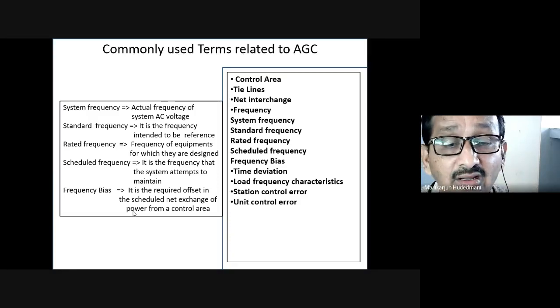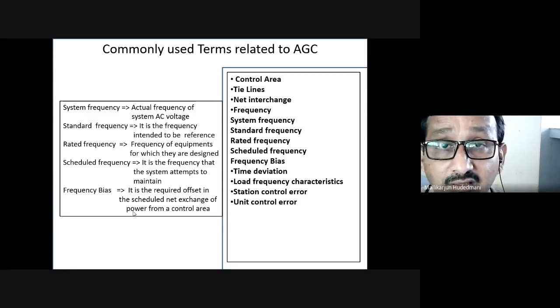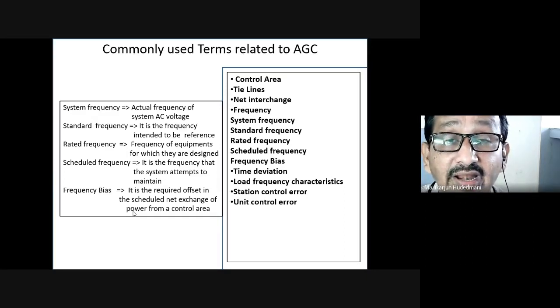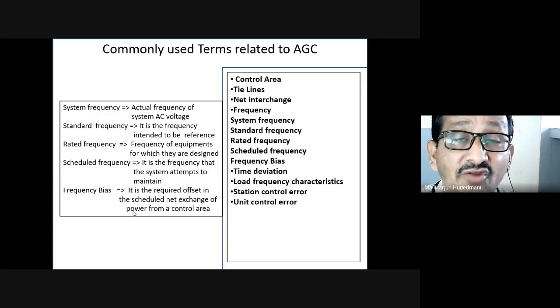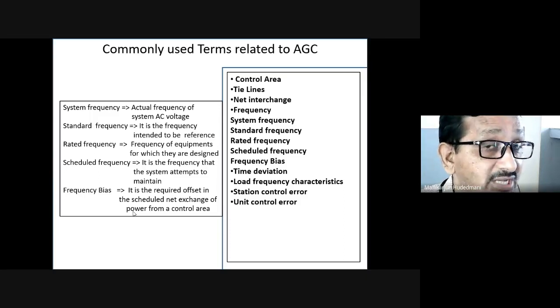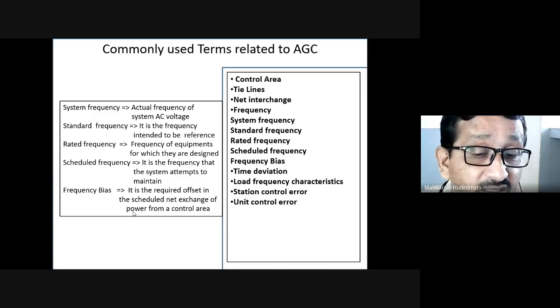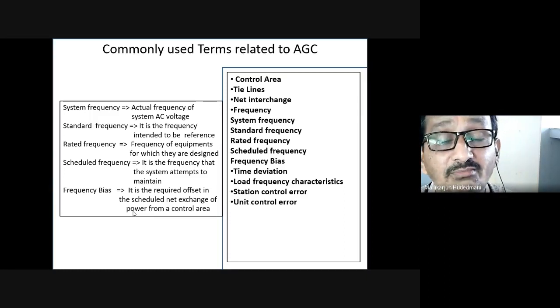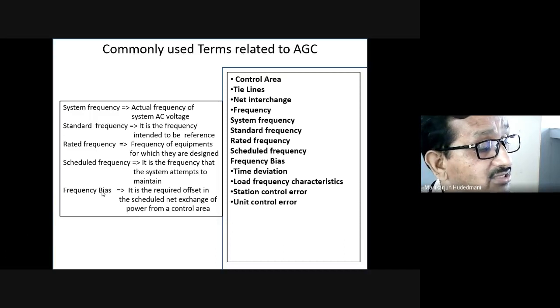To bring it back, what has to be counteracted? It has to be counteracted with an active power increment. That megawatt shift adjustment, the required offset to increase the generation so that the fall in frequency is counteracted, is called frequency bias.